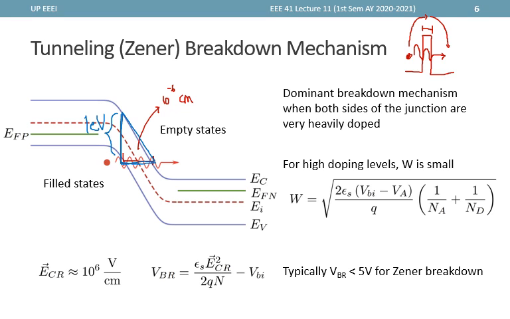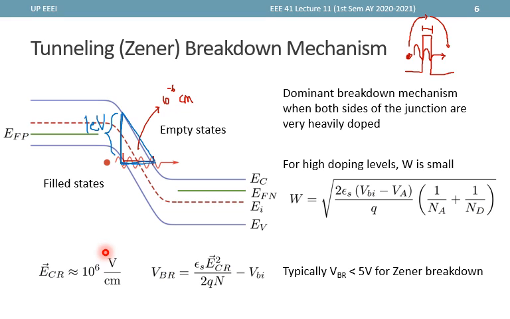Then the slope will be around 1 electron volt over 10 to the minus 6 centimeters, but we divide that by Q and get this critical electric field of 10 to the 6 volts per centimeter.